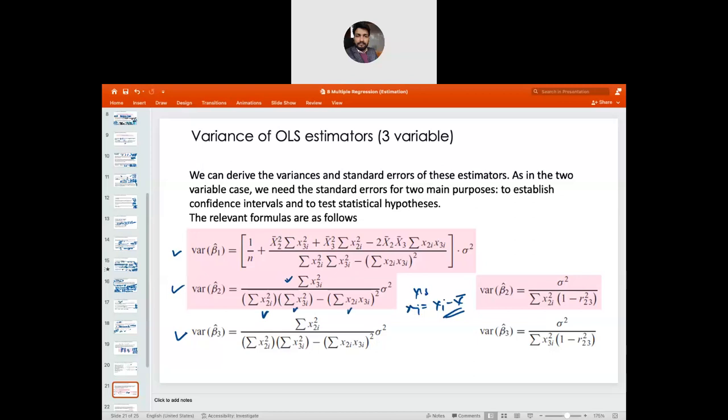So these are known things. This is something new, something we don't know, sigma squared, right? That was the case before also. So we need to understand a little bit better what this sigma squared is. Once we get this sigma squared, we can easily get variance beta 1 hat, variance beta 2 hat, and variance beta 3 hat, right?